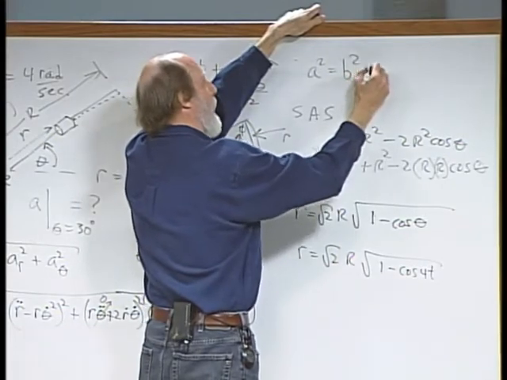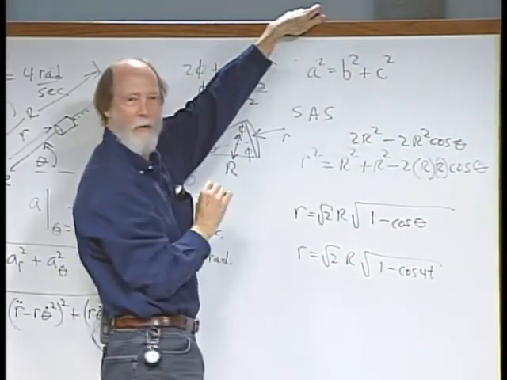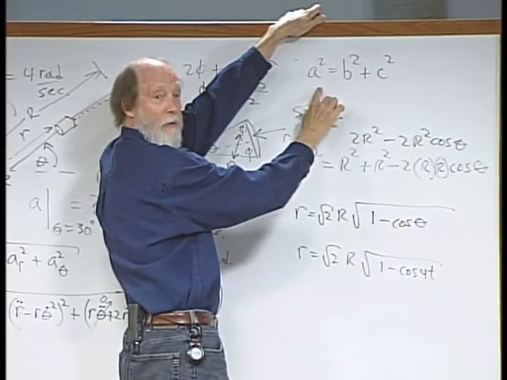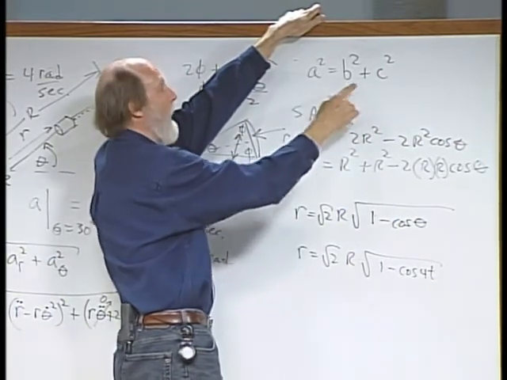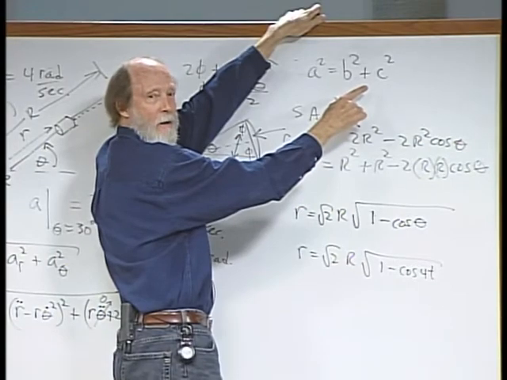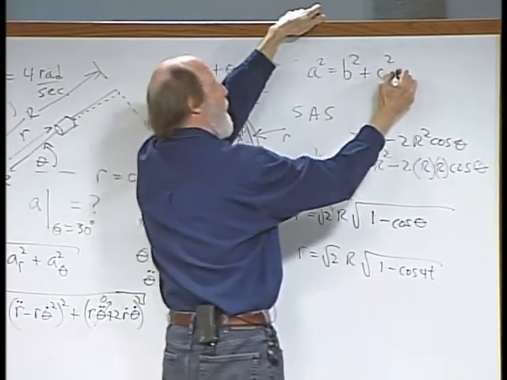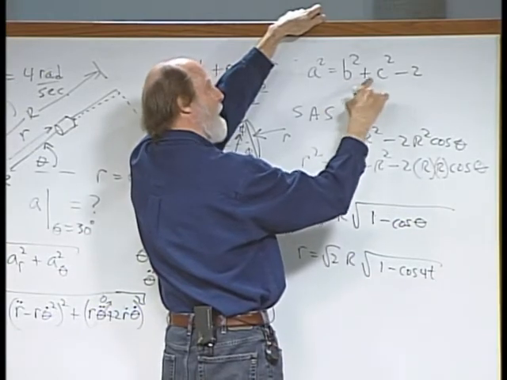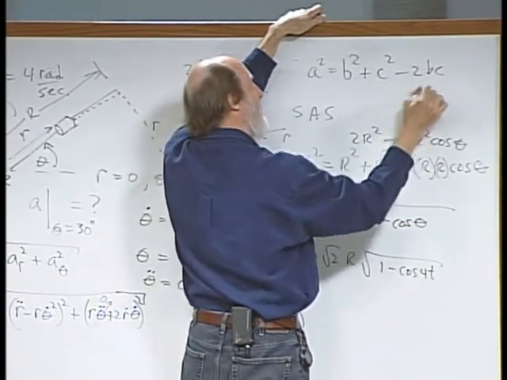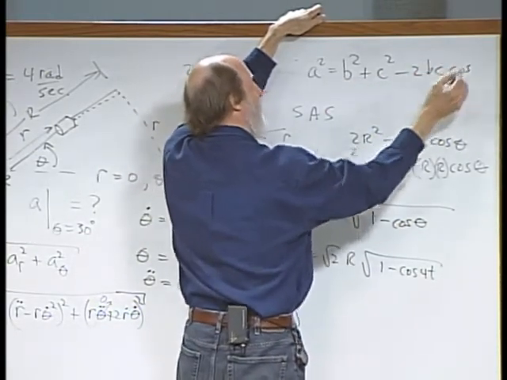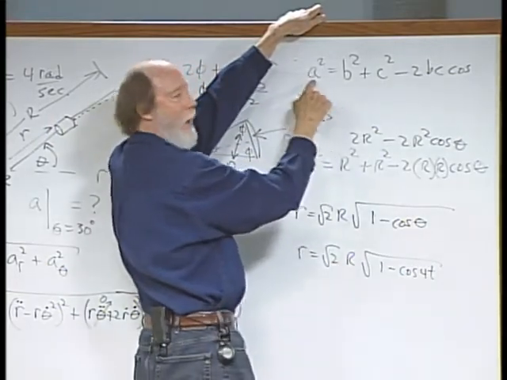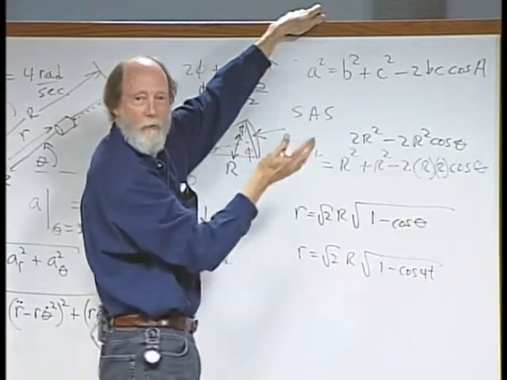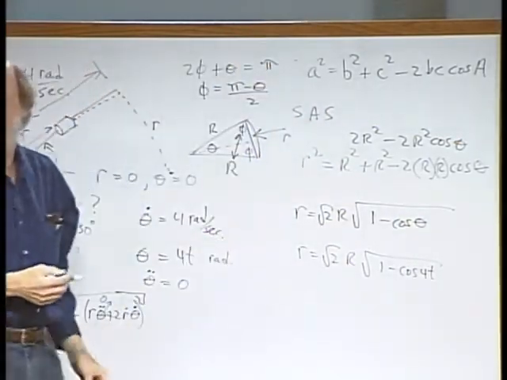But since you don't have a right triangle, you've made the triangle oblique, you have to compensate for that, without going through the proof. What you do is subtract off twice this leg times that leg times the cosine of the angle opposite this side over here. So that's an easy way for you to remember the law of cosines.